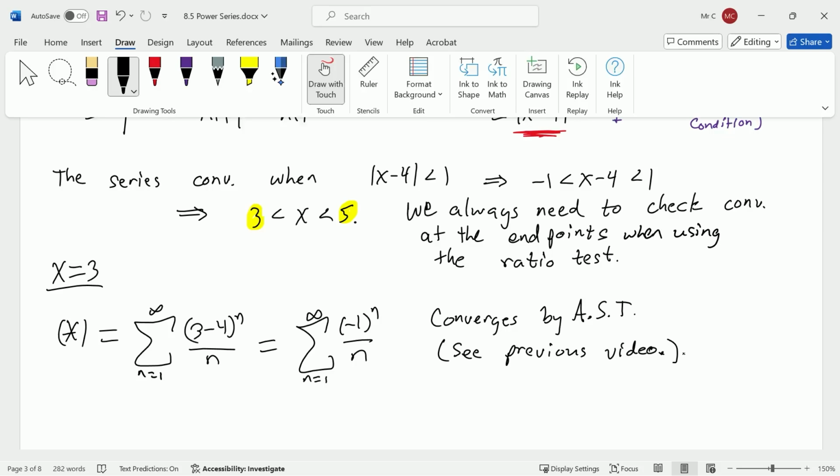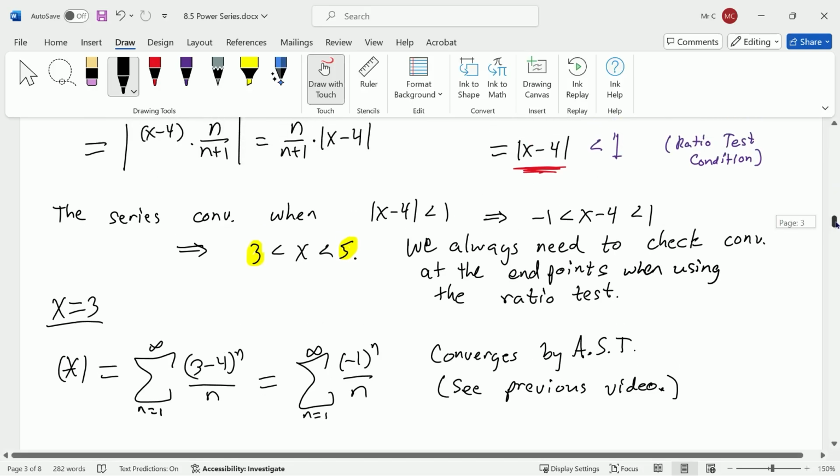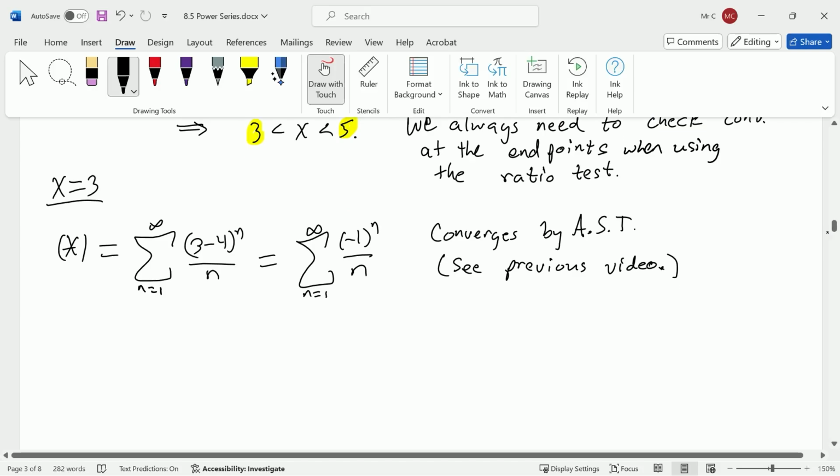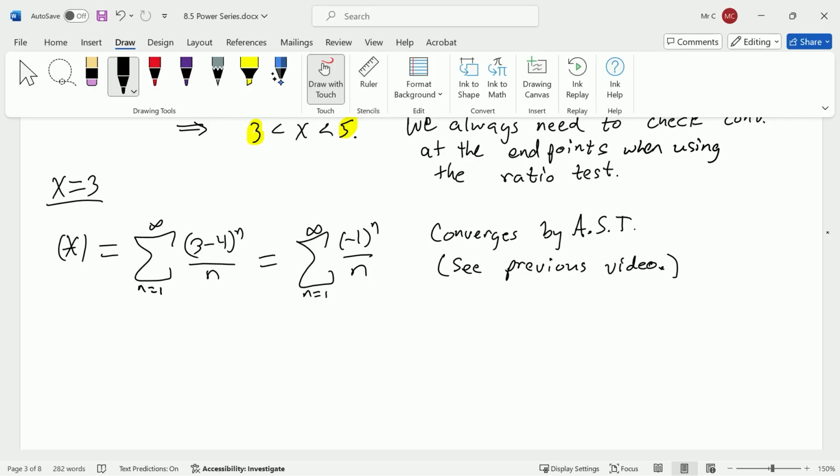But for time on the video, since you already have a video with that exact alternating series test problem, I'll skip that part to cut down on the time. So now we know that this series converges when x equals 3.